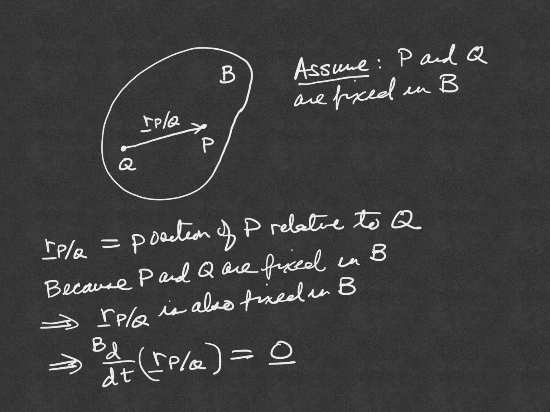So that's the first part of this derivation of the velocity between 2 points in a rigid body.